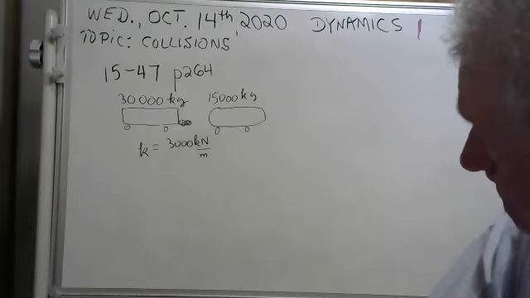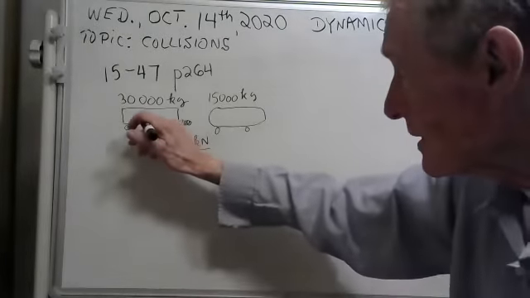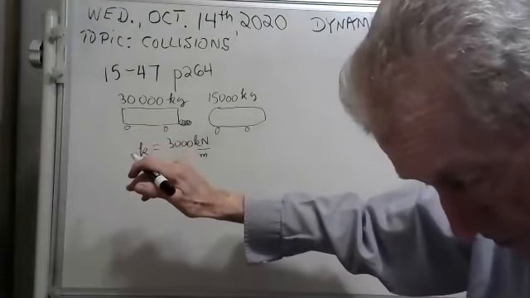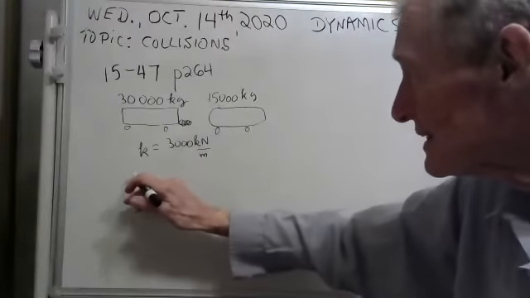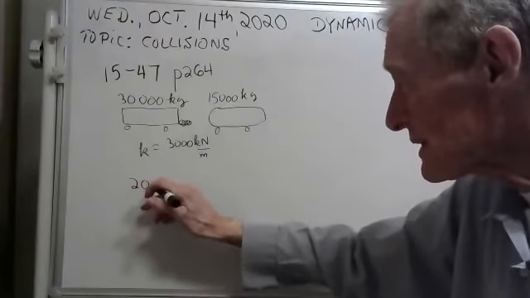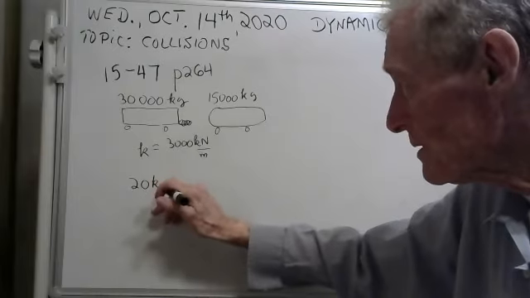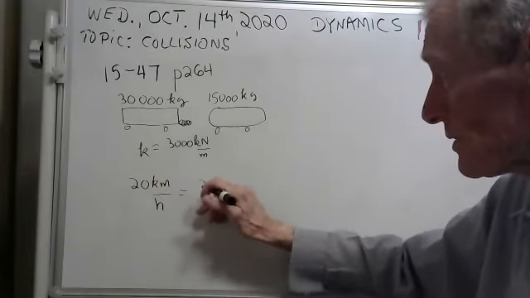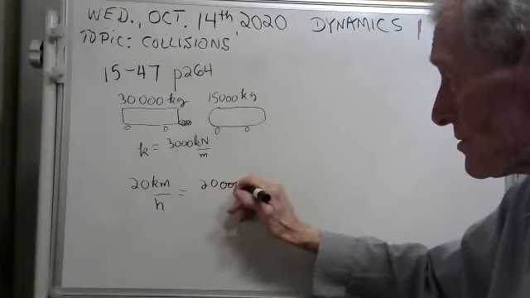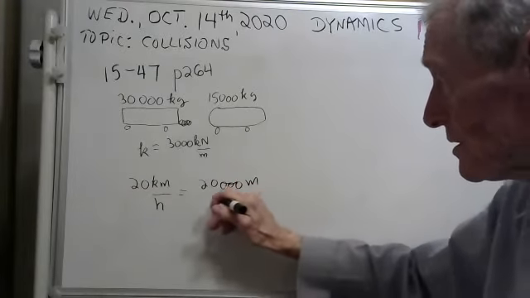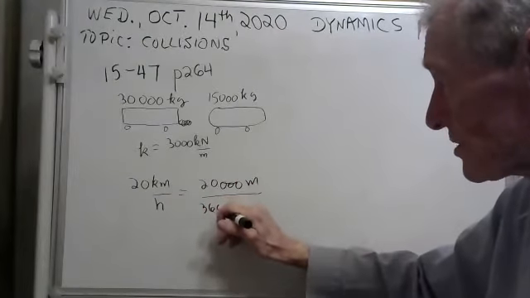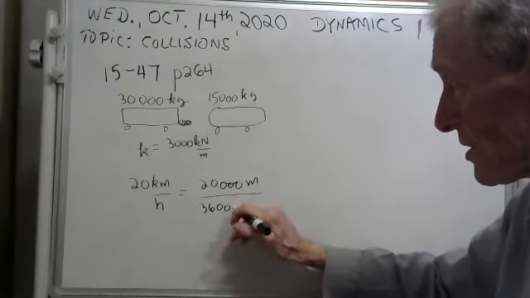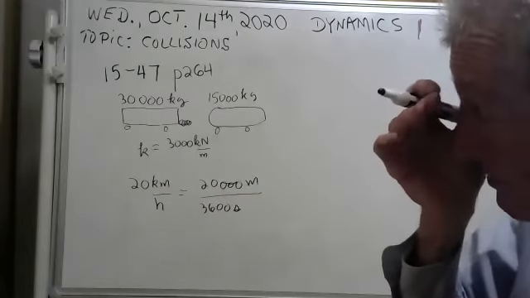Okay. Now this car here, he's going 20 kilometers per hour. I don't want kilometers per hour, so we're going to convert that. You know what that is? That's 20,000 meters every 3,600 seconds. There's 3,600 seconds in an hour.